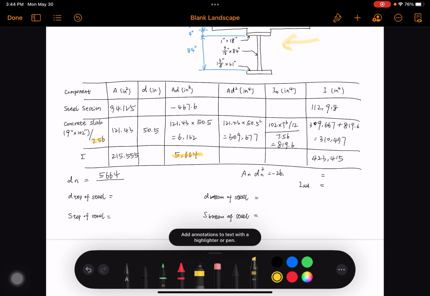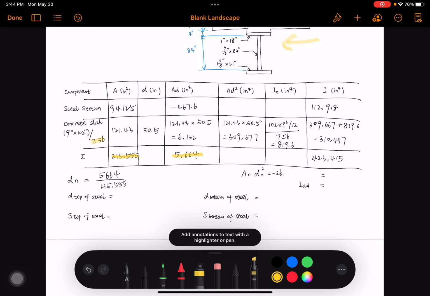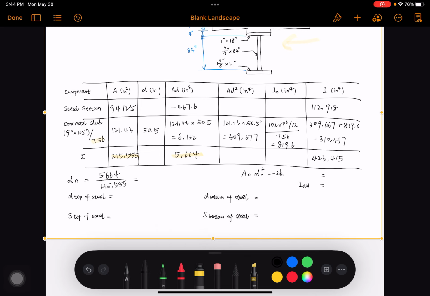Here the summation of AD divided by 215.555, which is the total area, equals 26.28 inch.